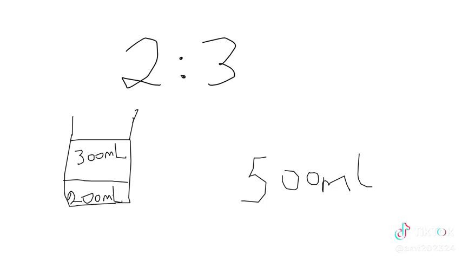So this is what I mean by 2 to 3. You can say it is 2 parts squash, for example, obviously I'm making this up, it's not exact science, to 3 parts water, and that will be a drinkable drink, in the sense that it is a lot more diluted, so it's not very strong.